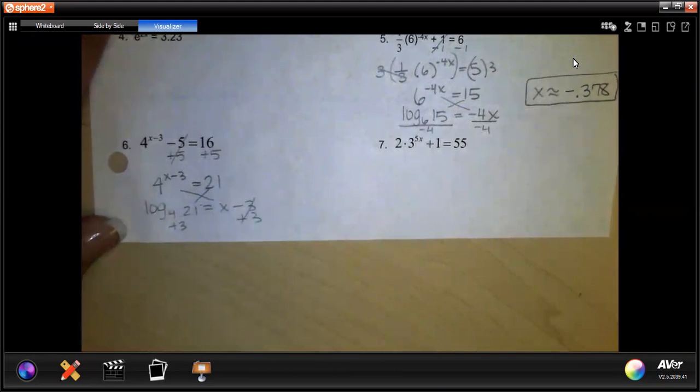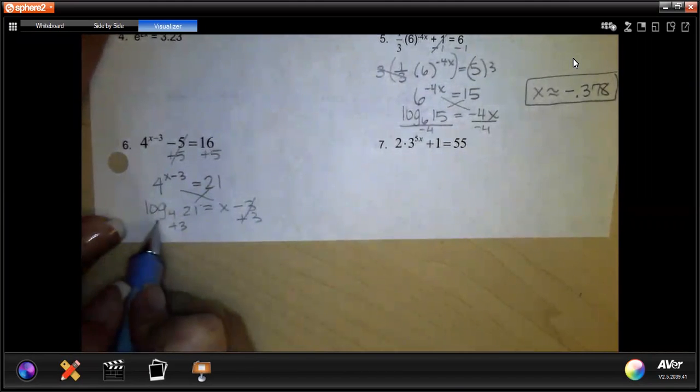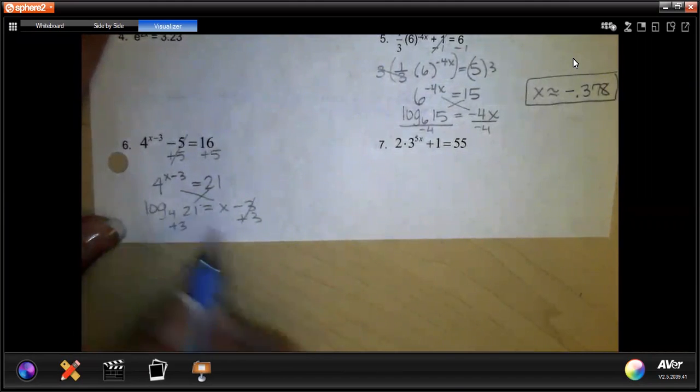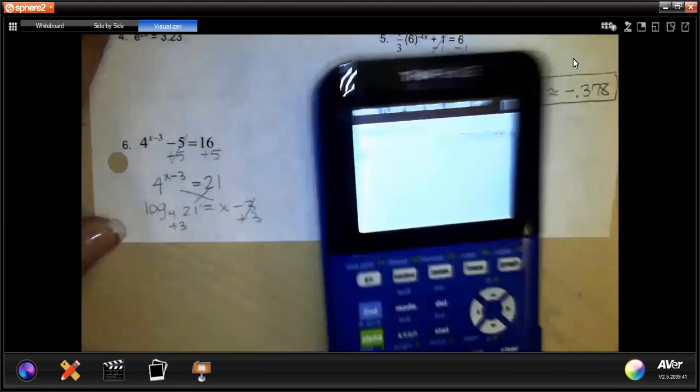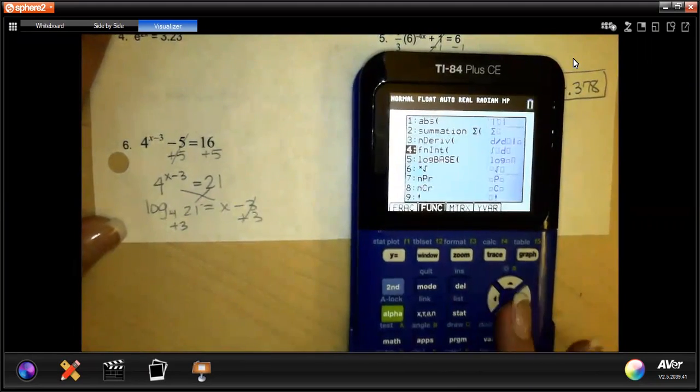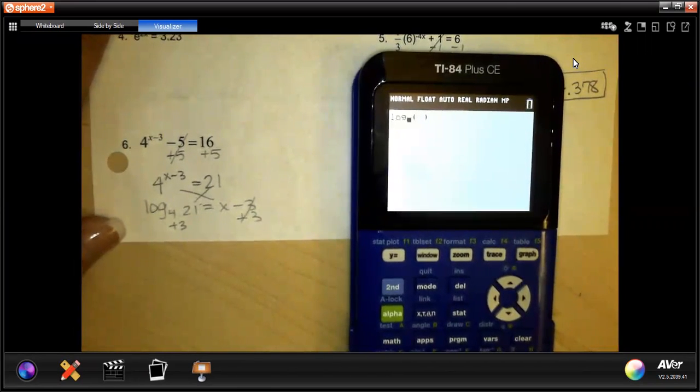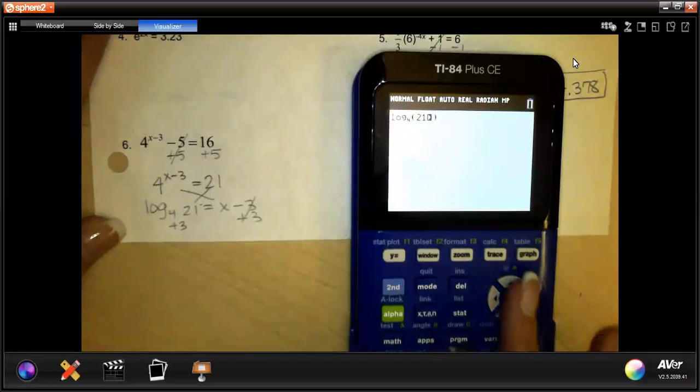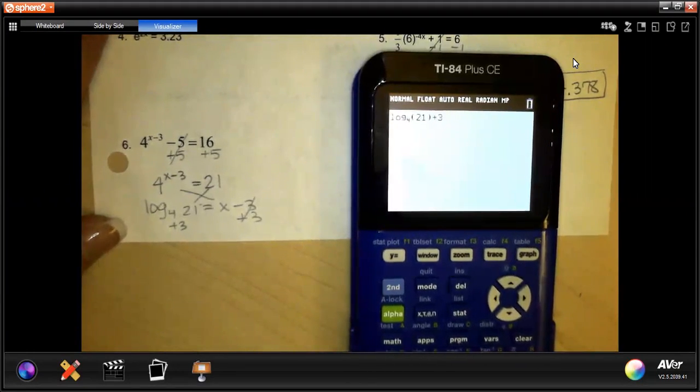You are not adding that 3 to the 21. You are adding that 3 to that entire term. That is one term. So when we put this in the calculator, we're going to hit alpha window, log base. The 4 goes in the base, the 21 goes in the argument, and then plus 3. You could do that in Desmos as well.